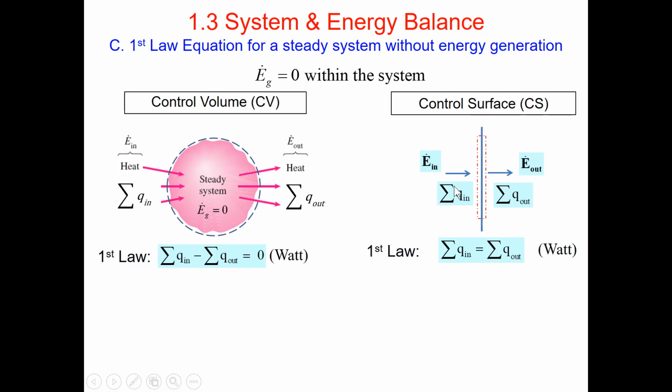Only the heat enters and leaves the control surface. Therefore, the first law states that all the heat into the control surface equals all the heat leaving the control surface.